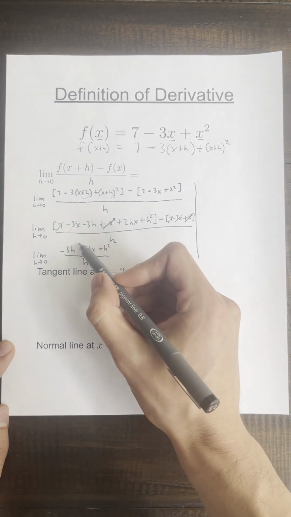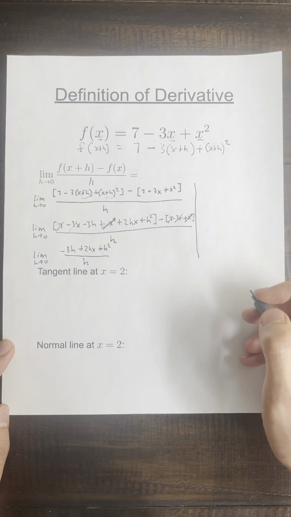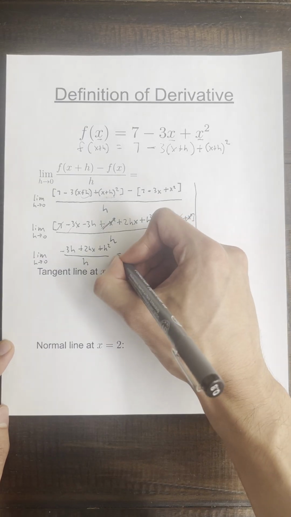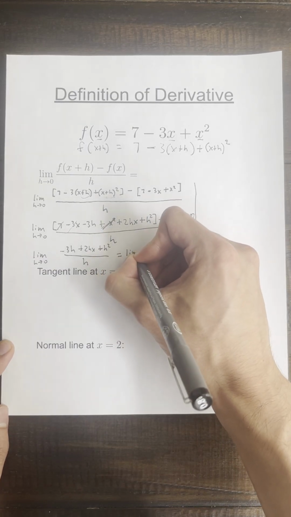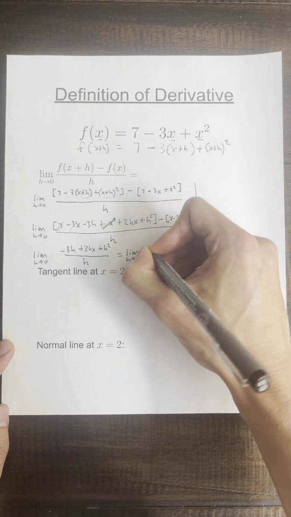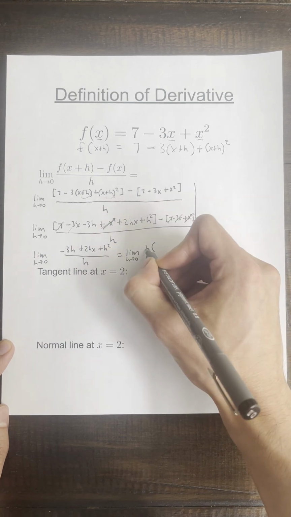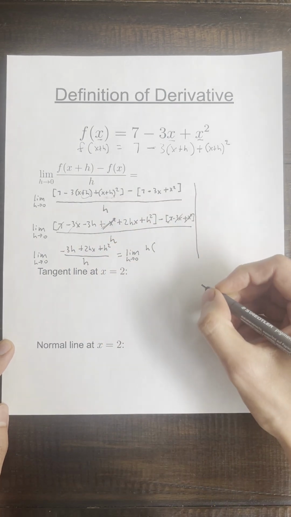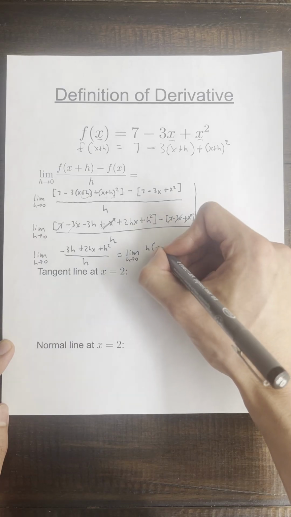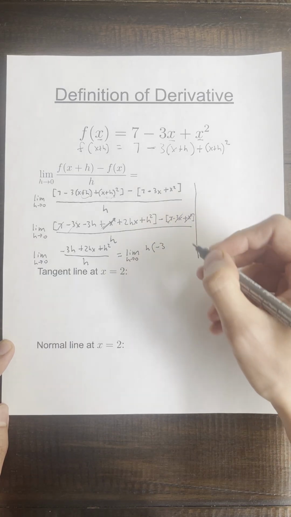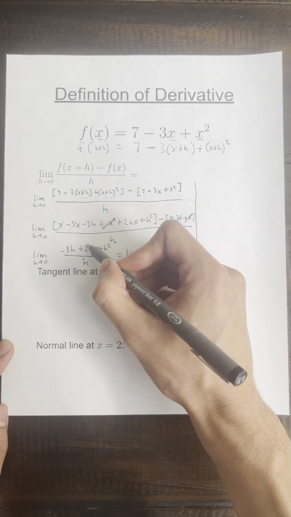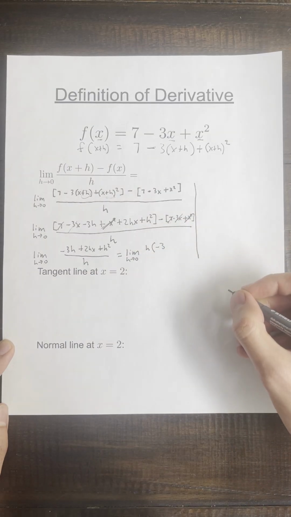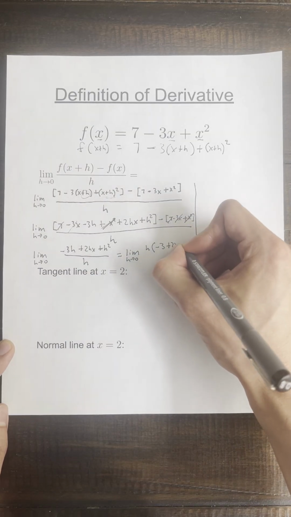Is there anything we can factor out on the top? Yep, we can factor out an h. So h times how much is negative 3h? Times negative 3. H times how much is 2hx? 2x.